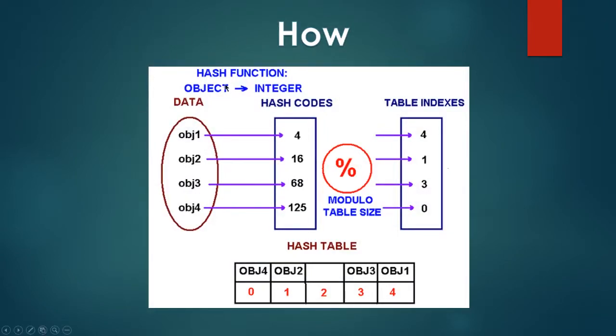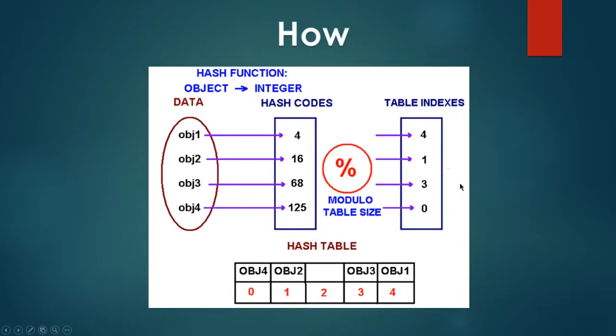So you have a set of data. Each of these objects has both a value and a key. So this object has a key and a value, and also this object. Then a hash function works by converting the key in each object into a hash code, which will then be taken modulo the table size, which keeps it within range of the array, and produces the final table indexes.